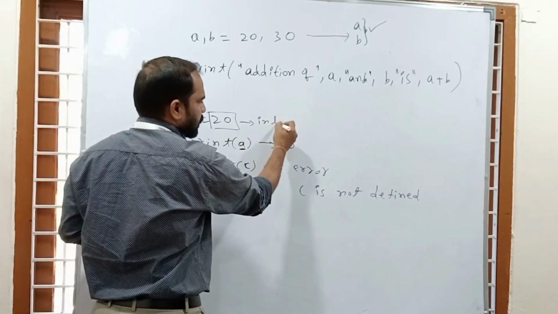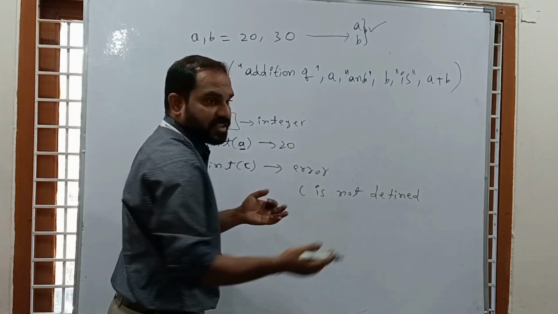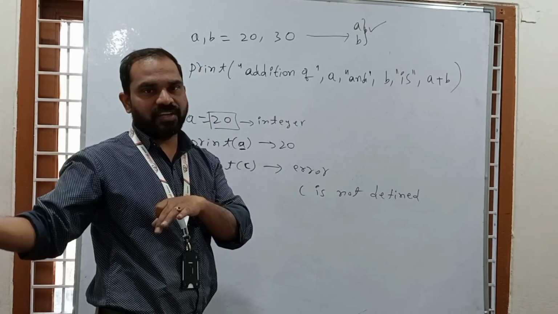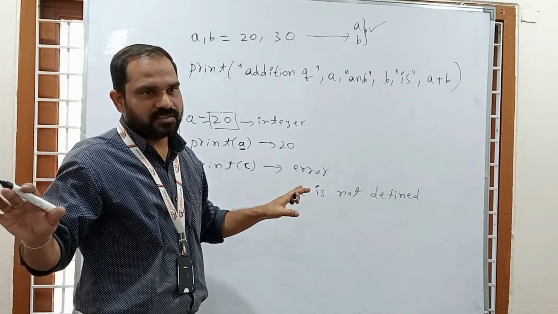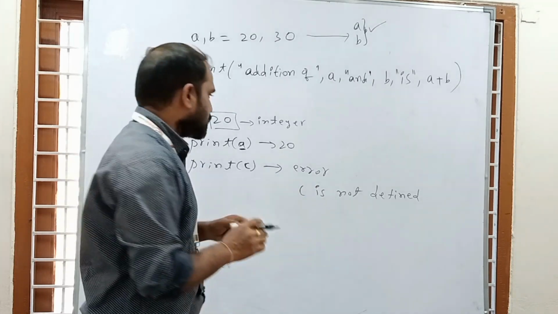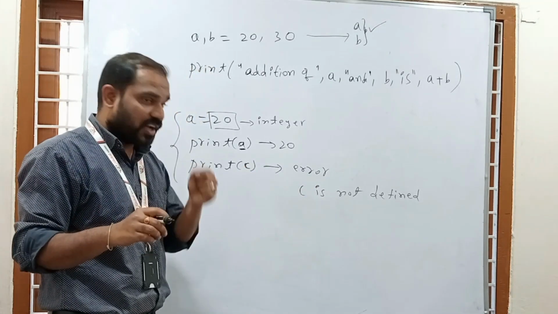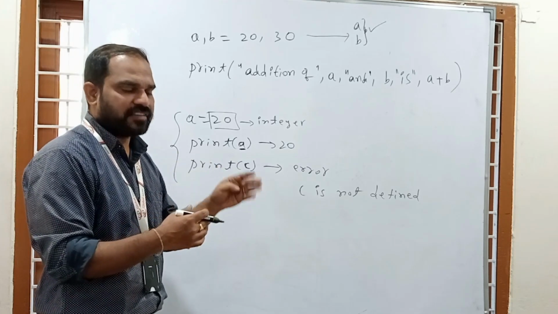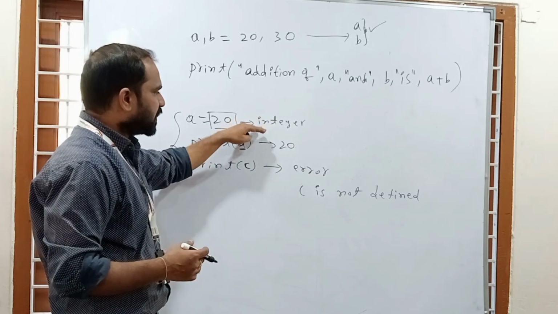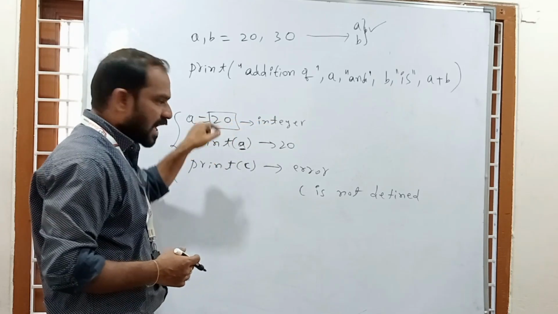We know integers: 0 to infinity, and negative numbers also. All whole numbers are integers, right? So the interpreter by default, without a data type declaration, can understand 20 as an integer.